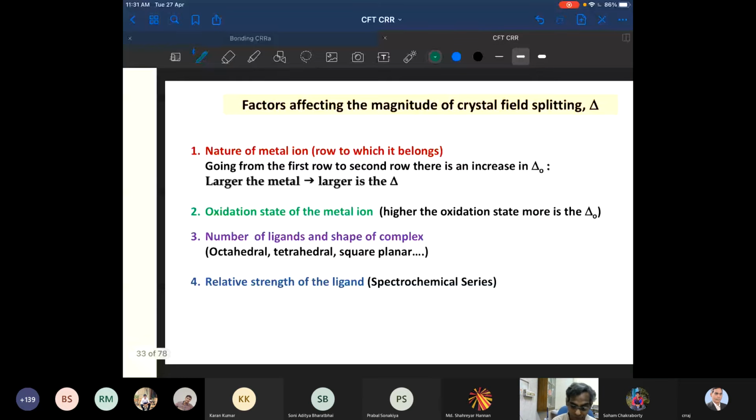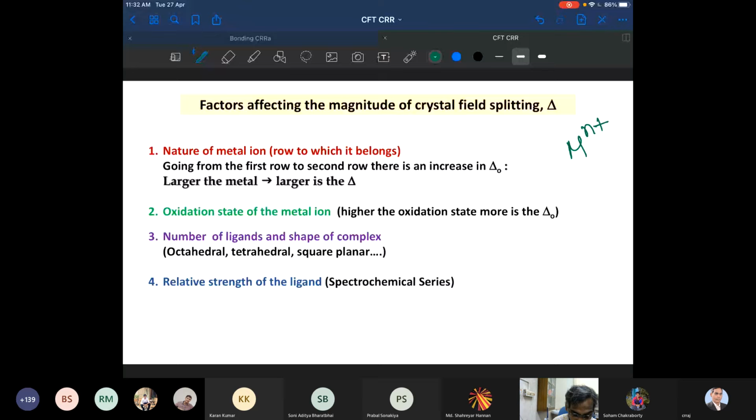Number 1 is the nature of the metal ion, M n+. Number 2 is the oxidation state. For the nature of the metal ion, the larger the metal ion, the larger the del value. I will give you an example in the coming slide. I will get back to you one by one. The second one is the oxidation state of the metal.